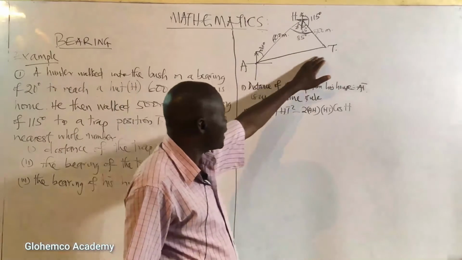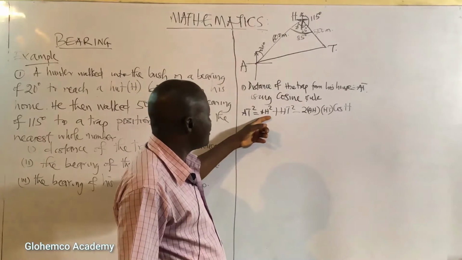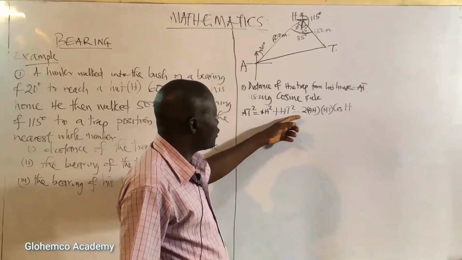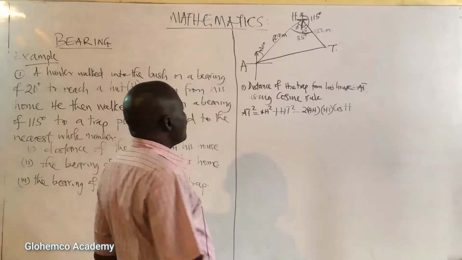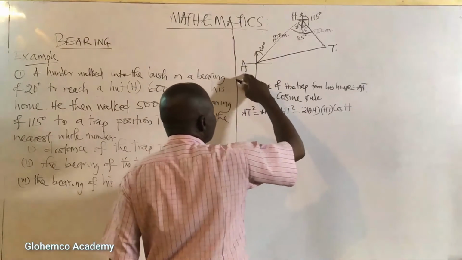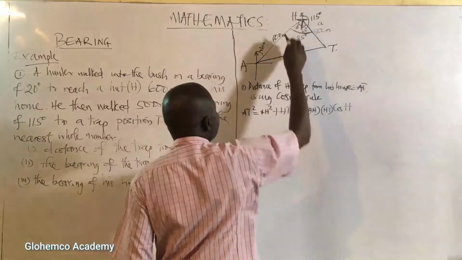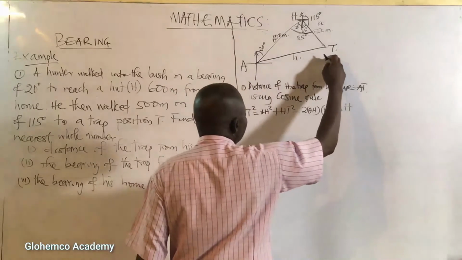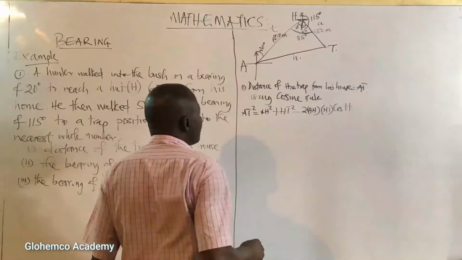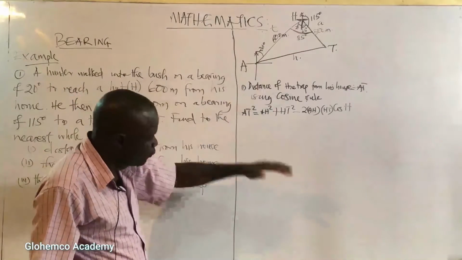Now, we can still use it in this form. As far as the capital A is concerned, this is capital A. This side will be small a. This is capital H. This one will be small h. This is capital T. This one will be small t. So we can still rewrite this one in another form.